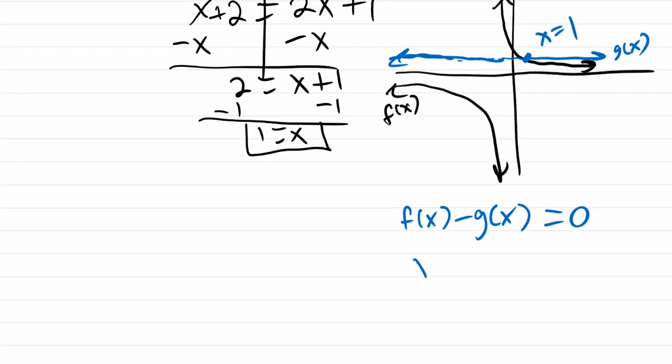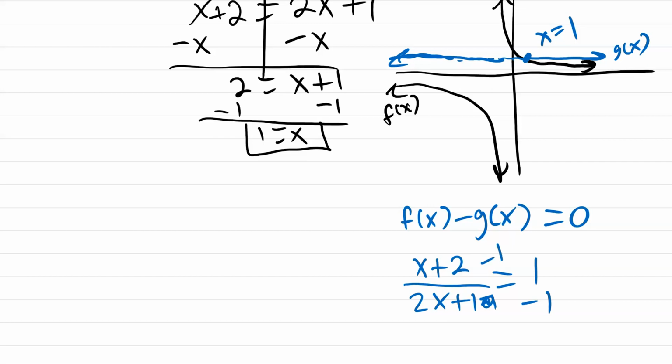Well, take the x plus 2 over 2x plus 1 set equal to 1, and just get it set equal to 0. Minus 1 there.